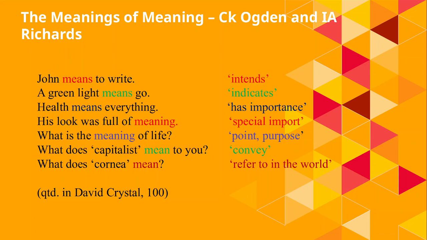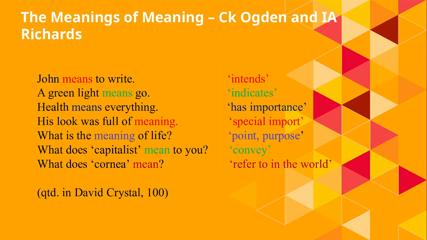The next sentence, health means everything. Here means conveys the meaning of has importance. So the sentence could be understood as health has importance in our life. Fourth sentence is his look was full of meaning.